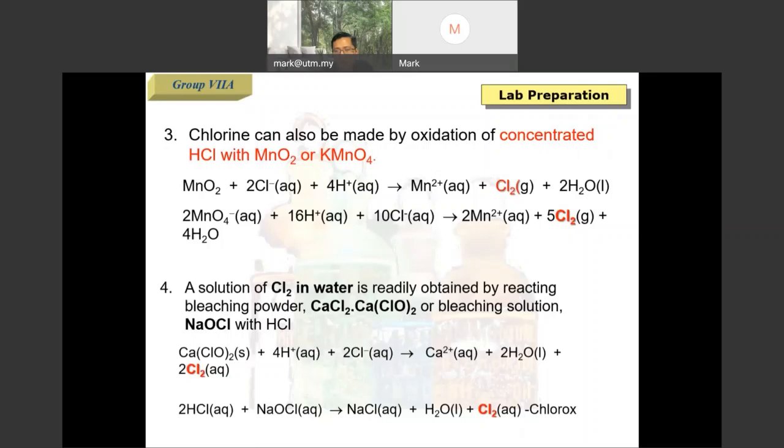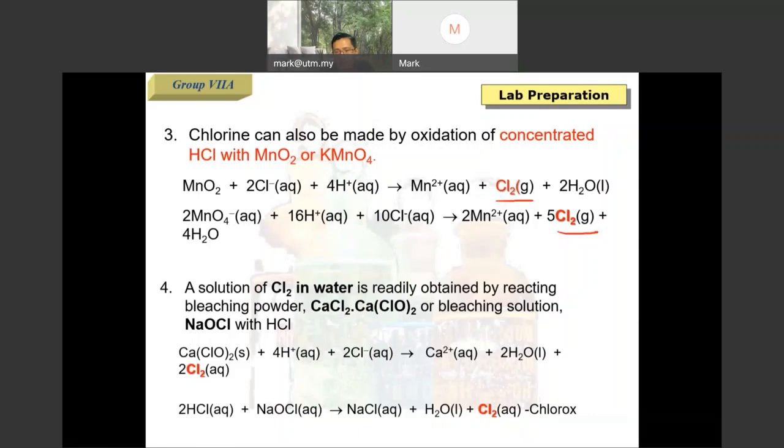Chlorine gas can also be made by oxidation of concentrated hydrochloric acid with manganese dioxide or potassium permanganate. These are very common reactions that can be done in our labs. Besides, a solution of chlorine in water is readily obtained by reacting bleaching powder. Earlier, as you can see in the third method, it forms chlorine gas.